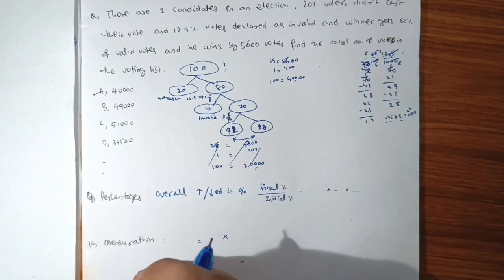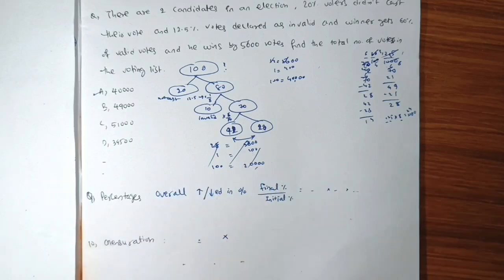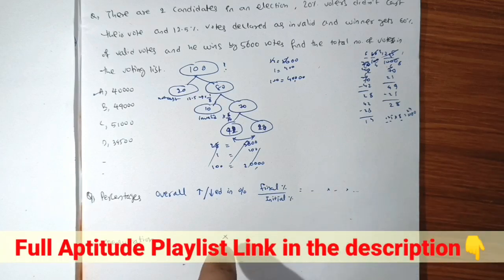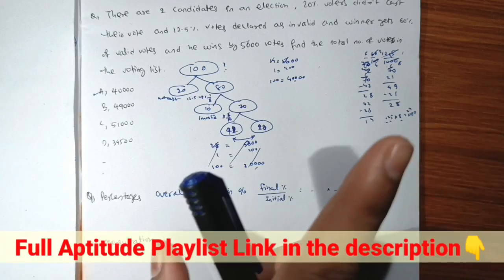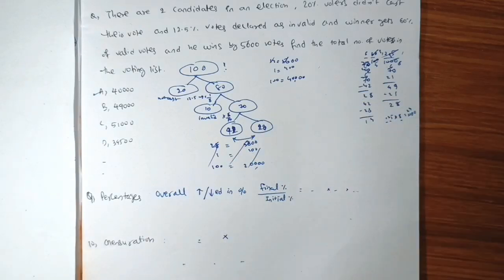So this gives the increase or decrease in the overall percentage. These are all the tricks we have seen in the previous videos. I will put the link of those videos or the complete aptitude playlist in the description, and I will put the aptitude playlist in the I box. You can check it out there.